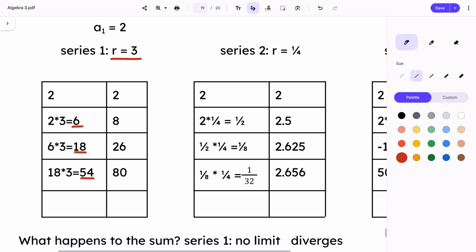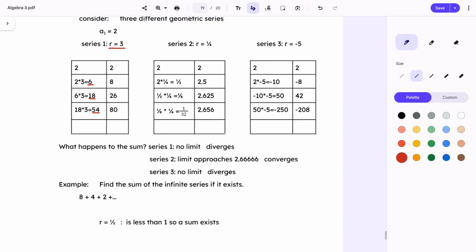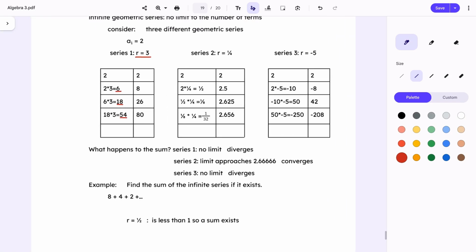Because the ratio, 3, is greater than 1, that means that this sum is going to continue to increase and increase and increase over time. So we're not going to be able to find the limit. So the first series does not have a limit, so it's considered to diverge.